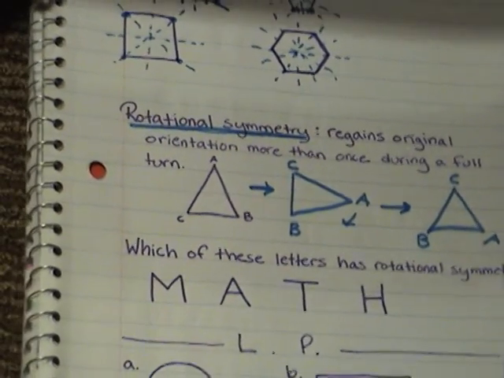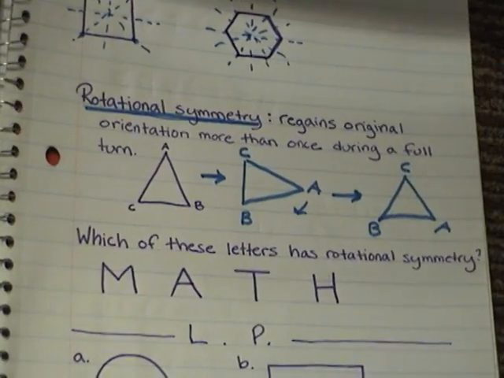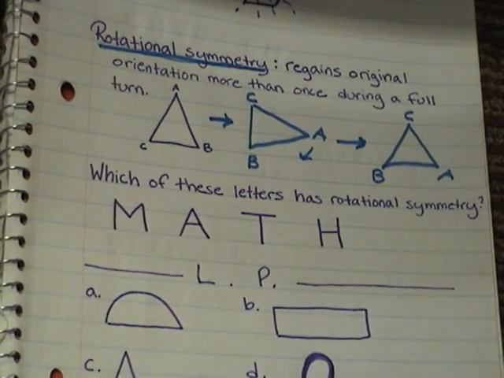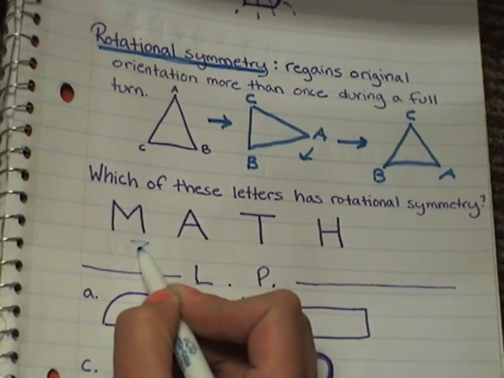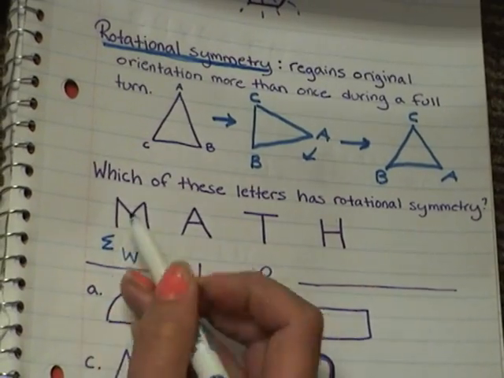Okay, now we're going to do this next one, and it says which of these letters has rotational symmetry, meaning as you turn it all the way around, at least one time, it would be back to its normal shape. Go ahead and try to do it. You could write it and do it out that way, like an M would look like this, look like this, and then finally back.